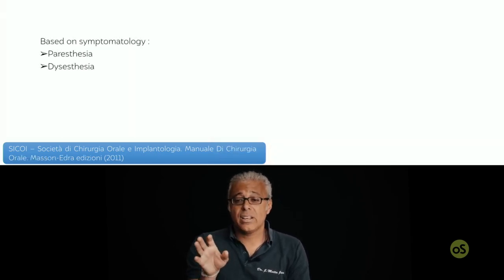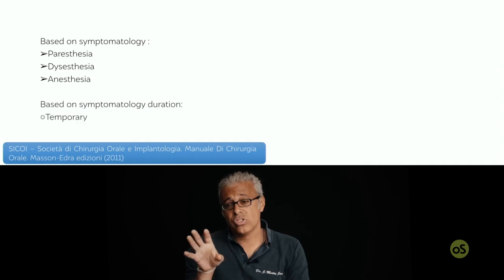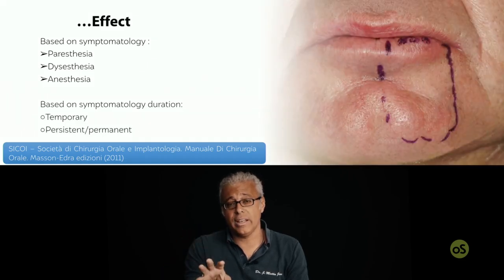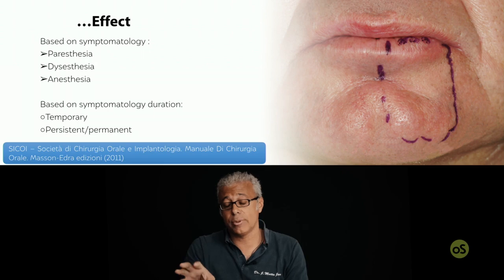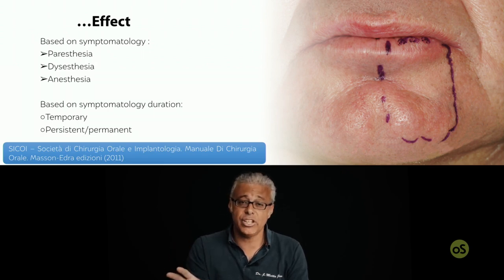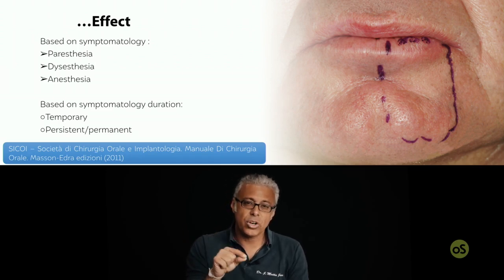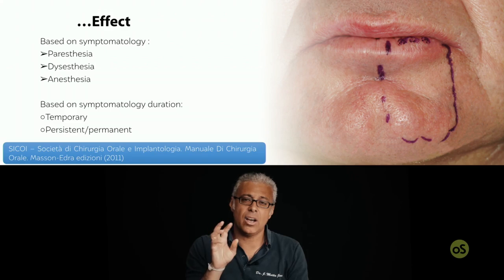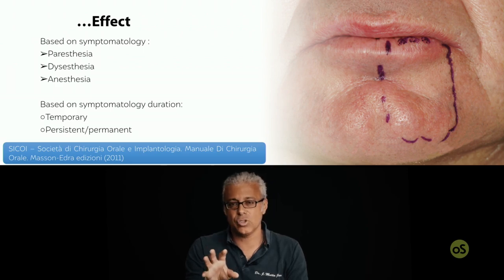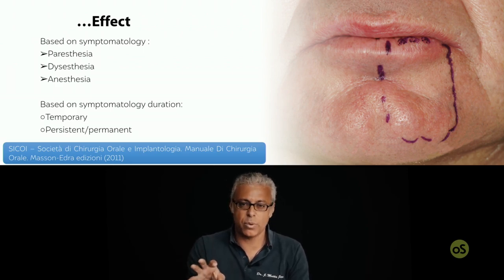We can also base our diagnosis on the symptomatology of this kind of lesion, and we can have paresthesia, dysesthesia, or anesthesia. The paresthesia is a little bit of numbness, and the dysesthesia is usually the worst scenario because it gives a painful sensation, and this is usually the major problem with the patient.